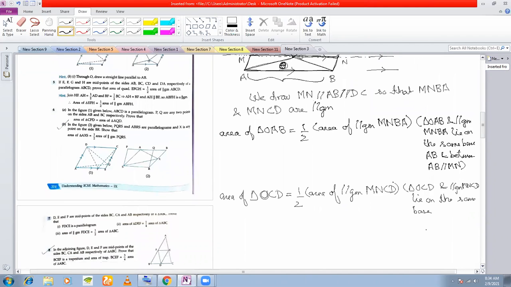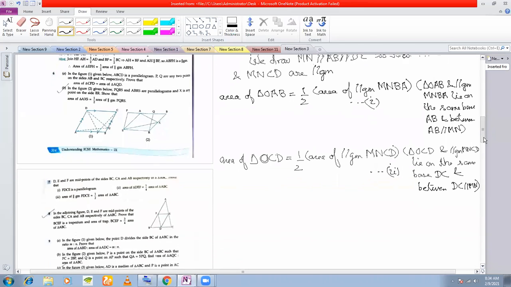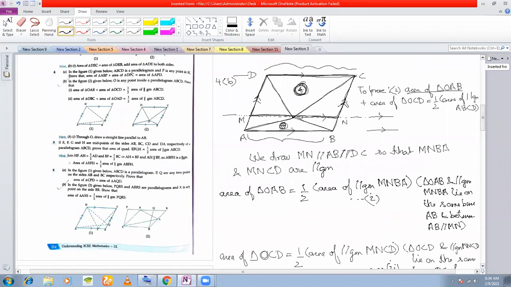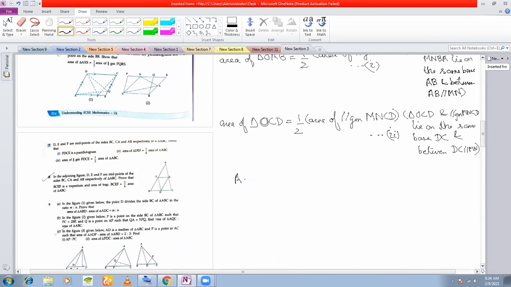DC, and between the same parallel lines, DC parallel to MN. Okay, say we call this relation 1 and we call this 2. Now what you do is you add 1 and 2, because in the proof you are adding the areas of the triangles. So adding 1 and 2.